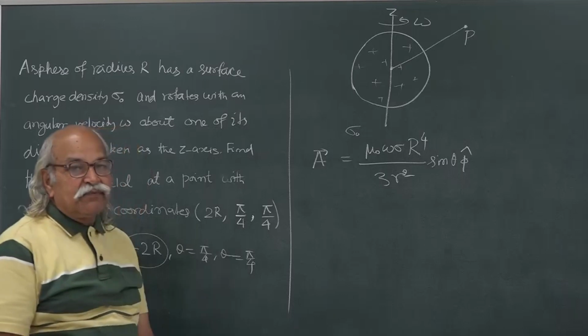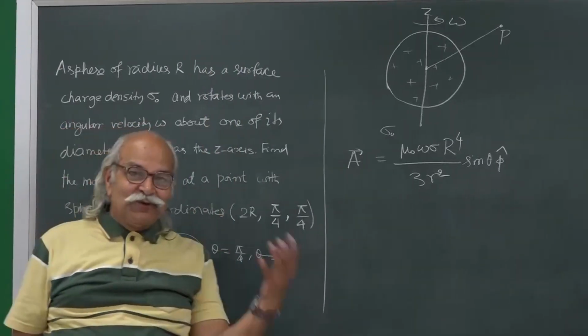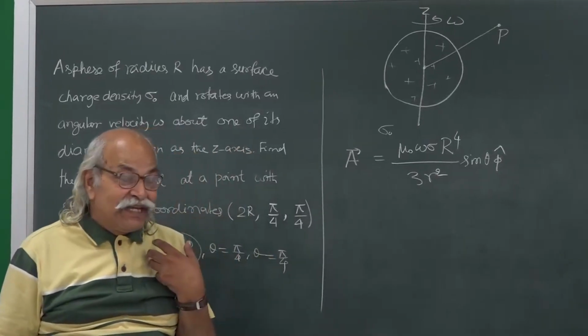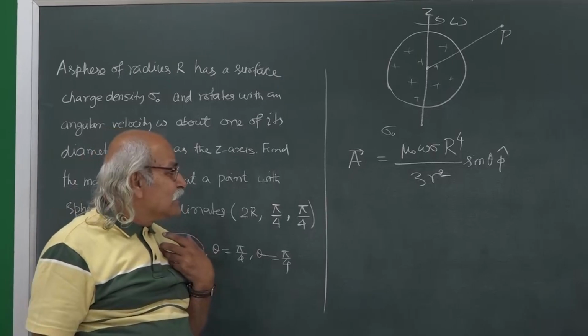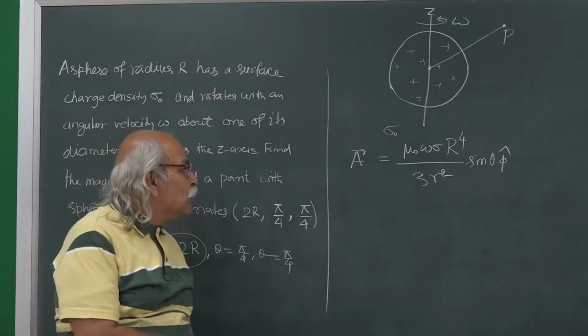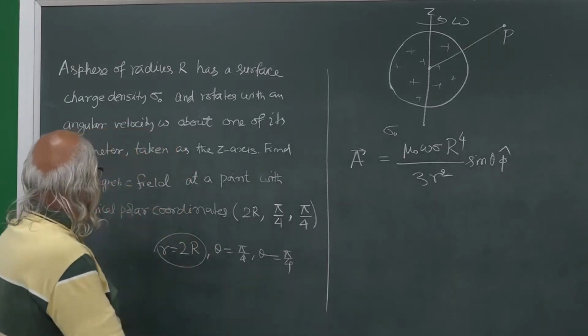So, this is the vector potential. To obtain it, you have to do all that exercise of uniformly polarized spheres and so on. This is one way in which I solved this problem. Griffiths has done it in a very different manner. So, use this vector potential and get this B.